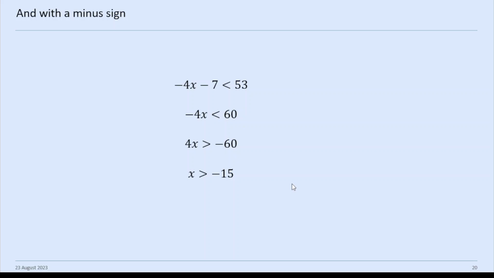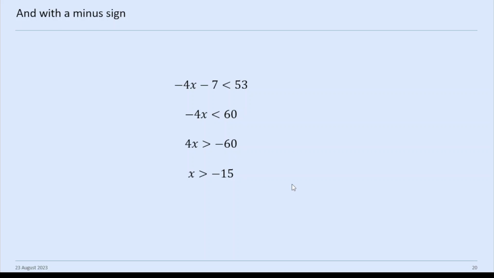Let's just check it in the original inequality. Let's put in minus 10, let's be lazy, which is greater than minus 15 for x.